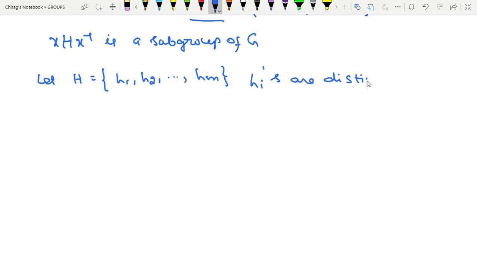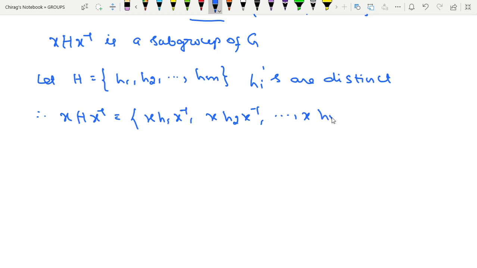That means no two elements are equal. Now therefore xHx⁻¹ will be equal to xh1x⁻¹, xh2x⁻¹, etc., xhmx⁻¹.